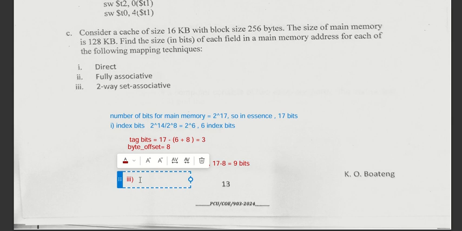For two-way set associative, the shortest way you can get your answer is that when you increase the associativity by 2, the number of index bits will decrease by 1, and the number of tag bits will increase by 1. When you go ahead to 4-way, it will decrease by 2 for the index bits and increase by 2 for the tag bits. So that's fine for the associativity.